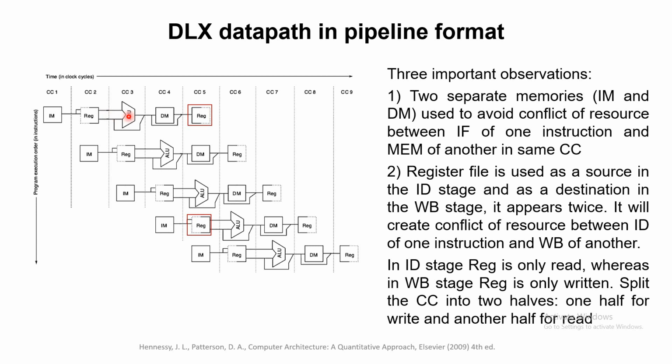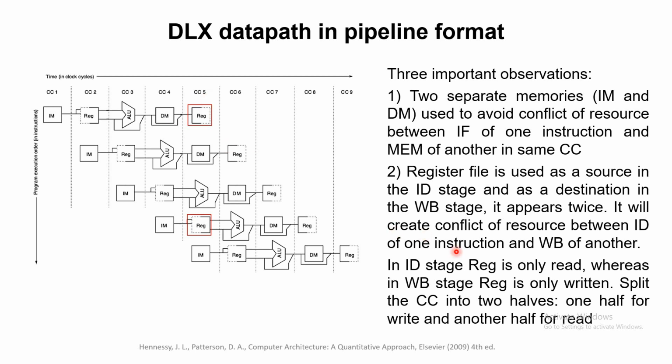Although for both stages the processor will have to access the registers, in decoding it reads the data as operands to send to the next stage for execution, and in write back it writes whatever data is prepared by the ALU back to the register bank.